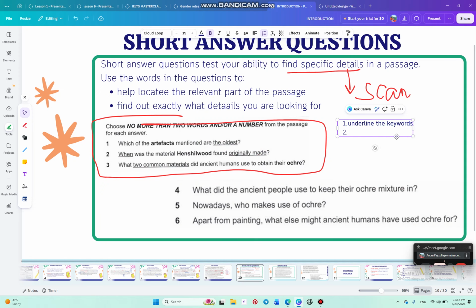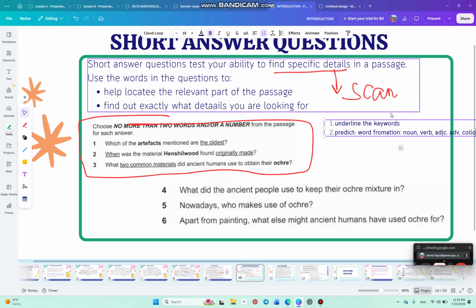Second of all, you have to predict. For example, in short answer questions, we should predict the word formation. Do we need, for example, a noun, verb, adjective, or maybe an adverb, maybe a collocation, and others?